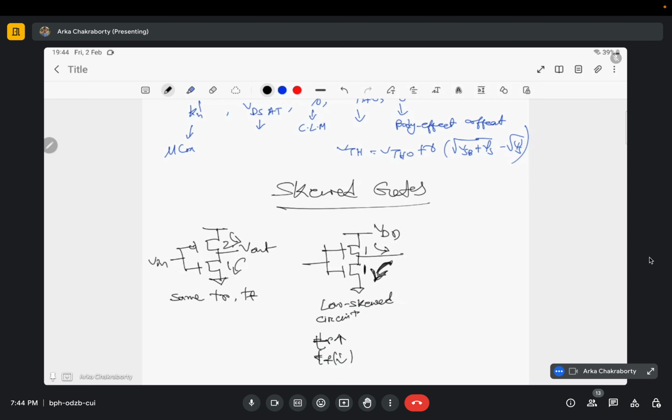If I need circuits where I need to quickly discharge a word line or bit line, I'll be using this circuit. And if I have an application where I need to quickly charge my word line or bit line, I'll be using a high skewed circuit. This is a PMOS. I'll keep this one at 2, but instead of 1, if it is allowed, I'll make it half.